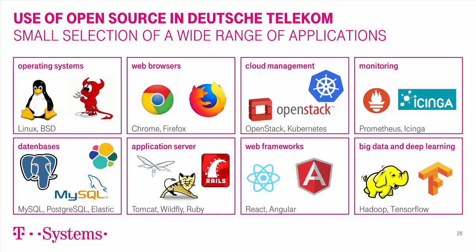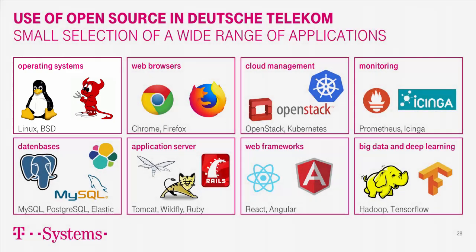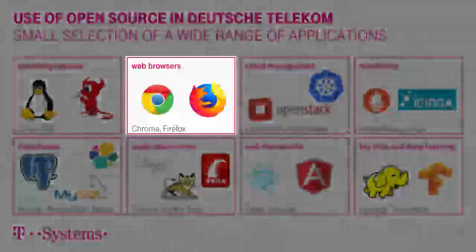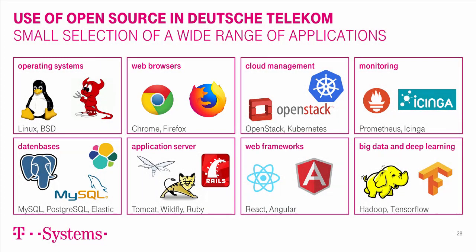So everybody knows Linux, the operating system, but there are others as well, like the BSD operating system family, like FreeBSD and OpenBSD, which are used in some projects. All of you probably use web browsers like Chrome or Firefox.